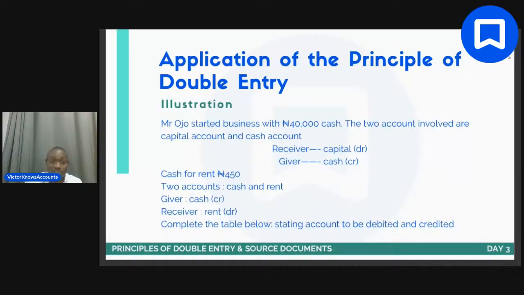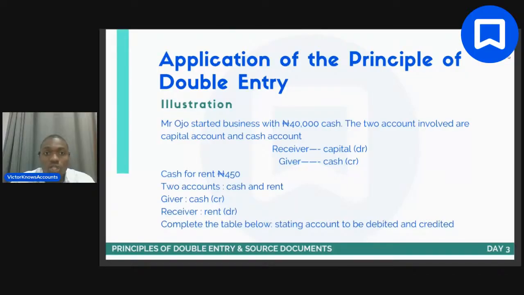Once you make a debit entry, you must also make a corresponding credit entry. For every debit entry, there must be a corresponding credit entry. And for every credit entry, there must be a corresponding debit entry.